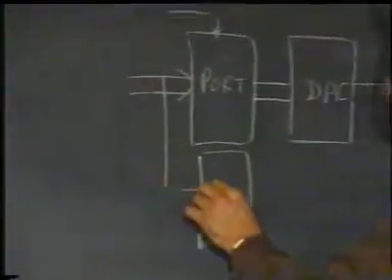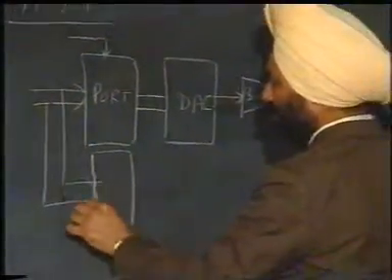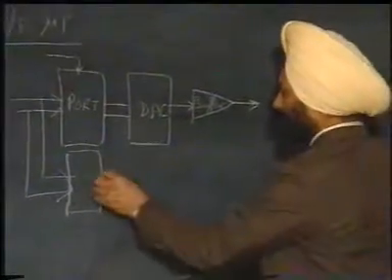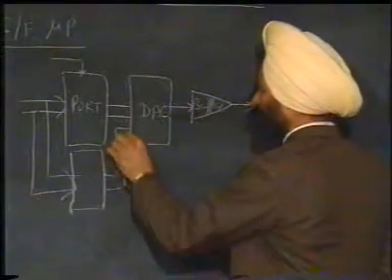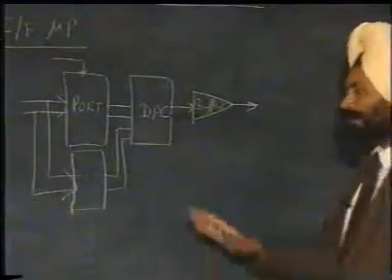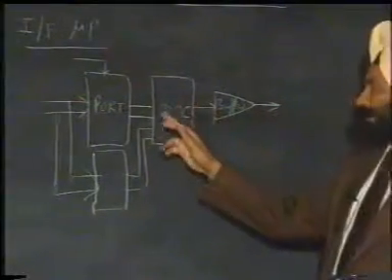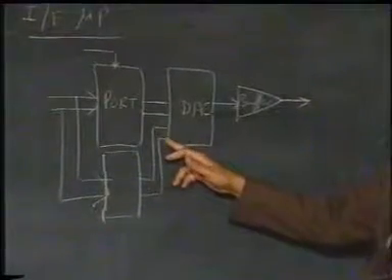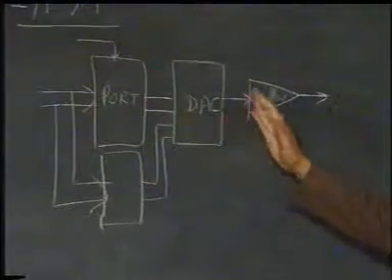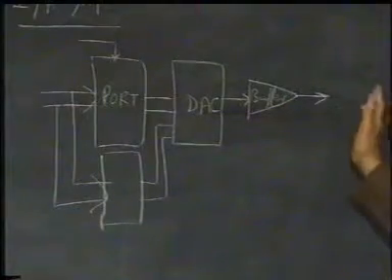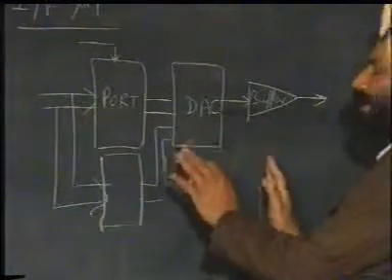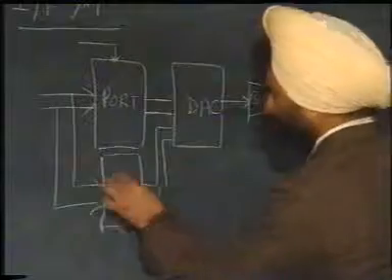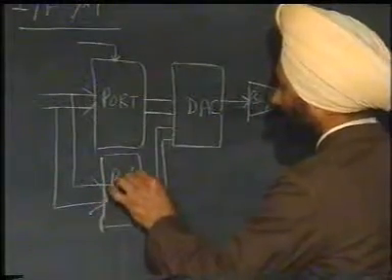The microprocessor can write the 2 ports one by one, and the data from the 2 ports is presented to the D to A converter simultaneously, and it converts the digital data which has a word length of more than 8 bits, and then of course the analog signal is buffered and sent out. So again, the principle remains the same. This is another port to hold the second byte.